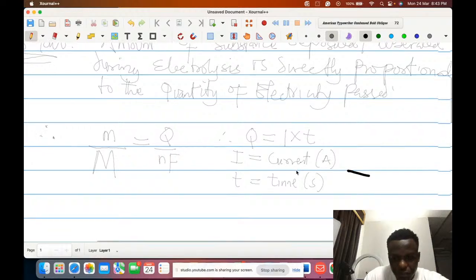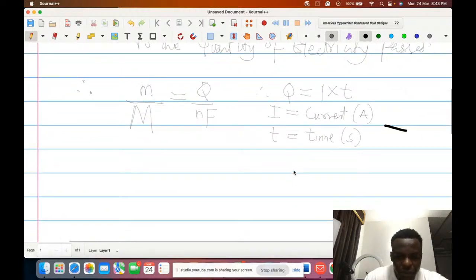Now, this formula can be written as this.